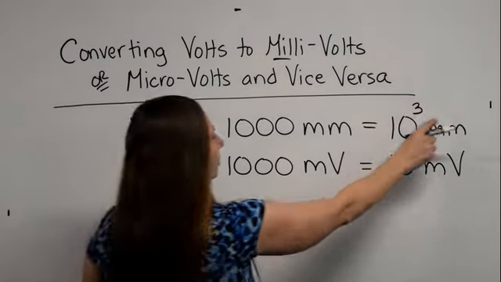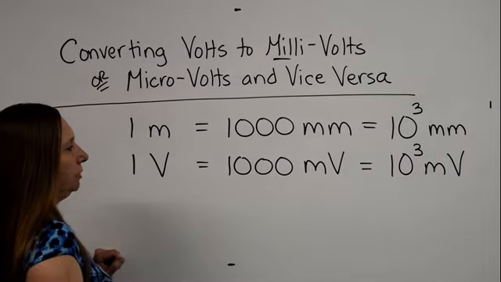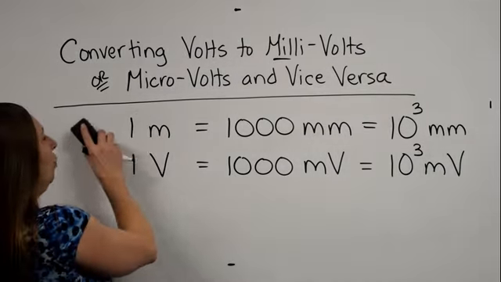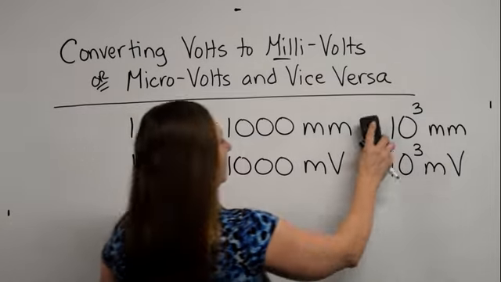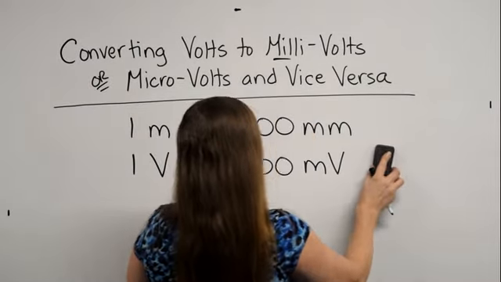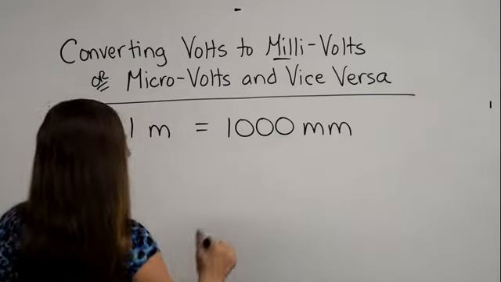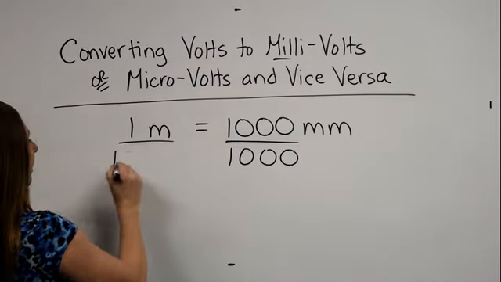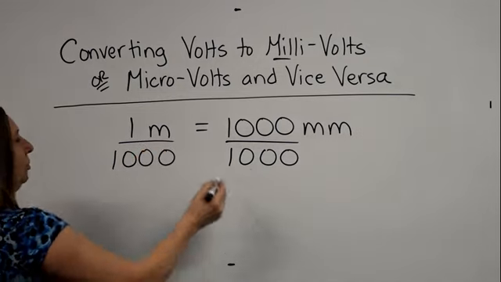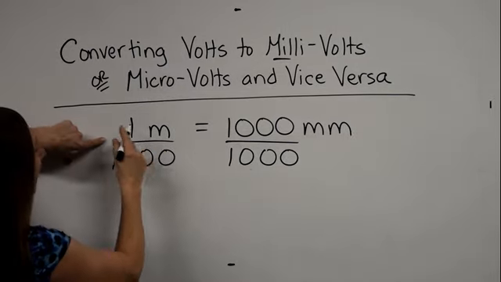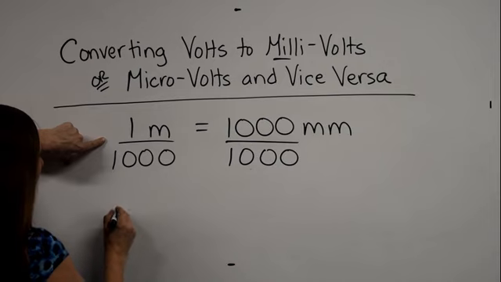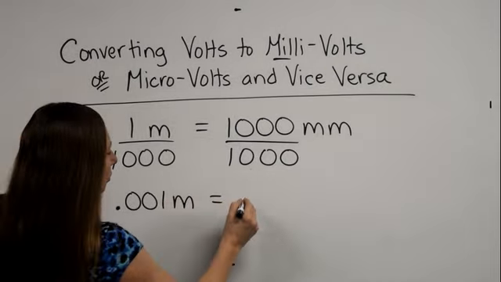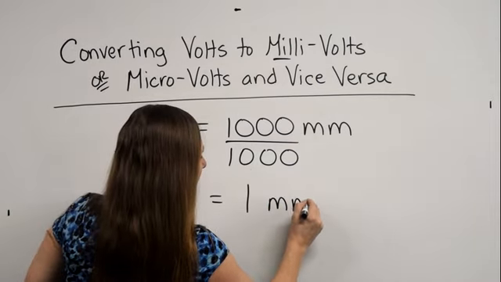So 1,000 millimeters or 1,000 millivolts. Now, what if instead we divide both sides by 1,000, to show that 1,000th of a meter is equal to 1 millimeter.